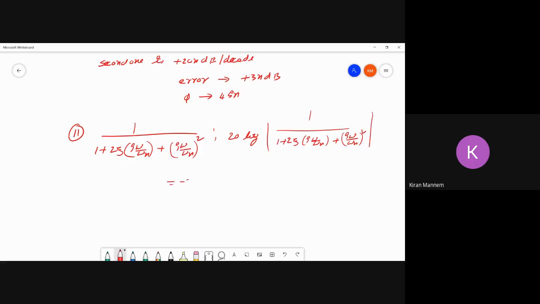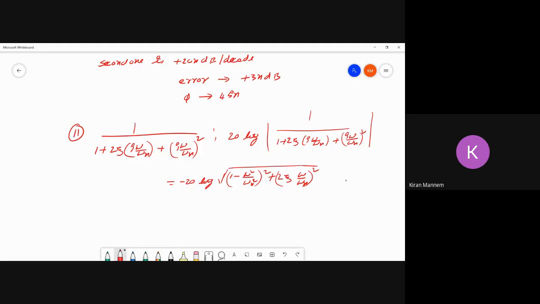And this would be minus 20 log root over (1 minus omega square by omega n square) whole square plus (2 zeta into omega by omega n) whole square, right?